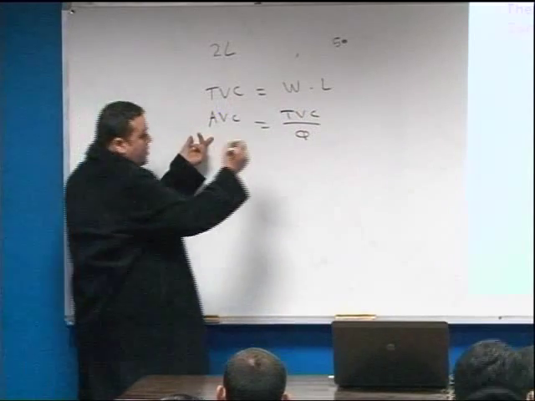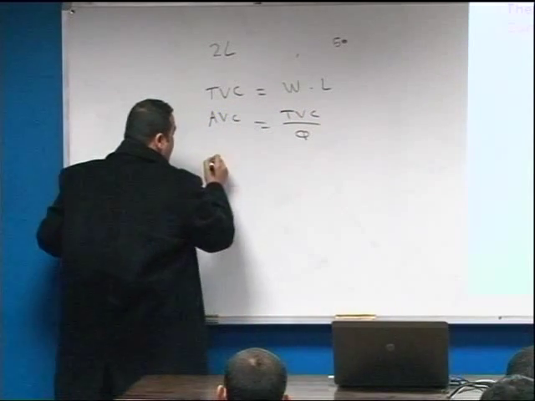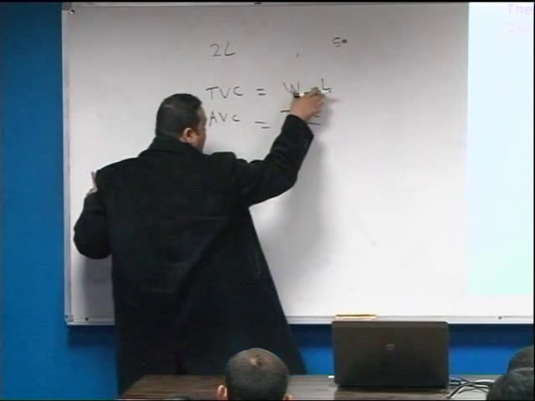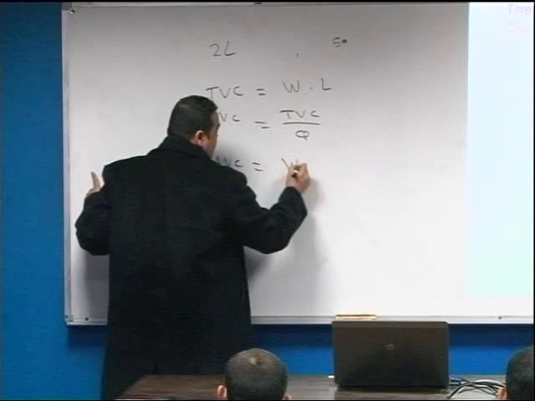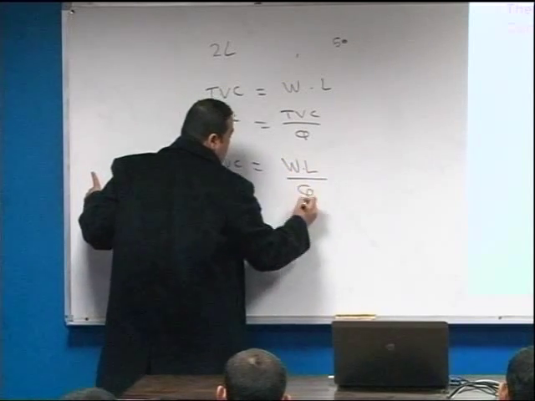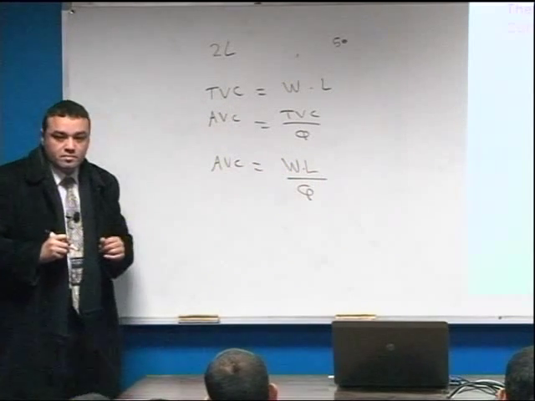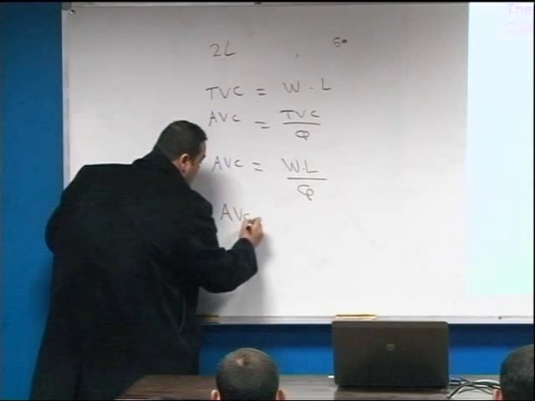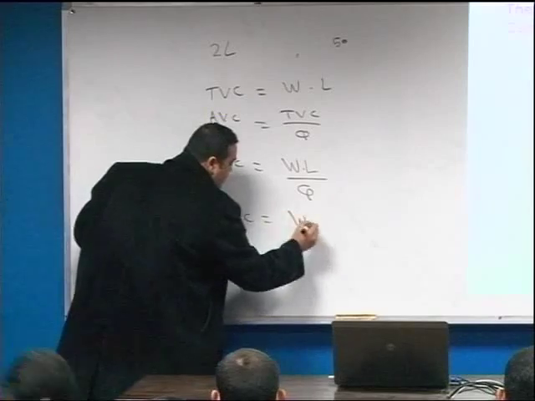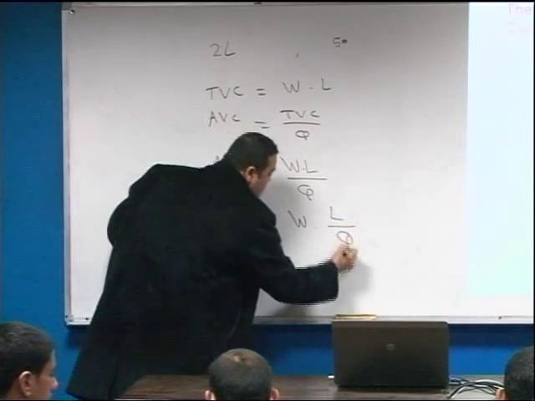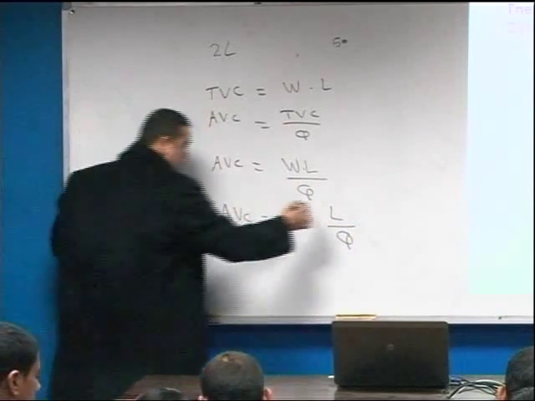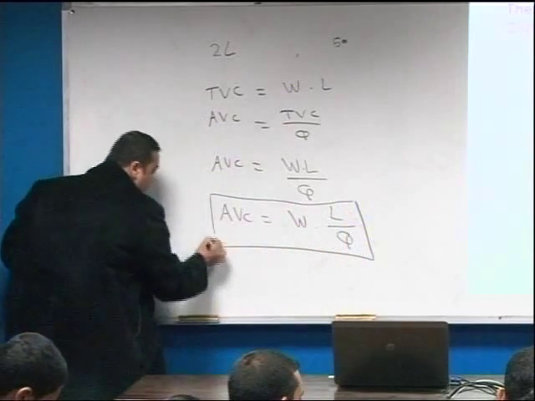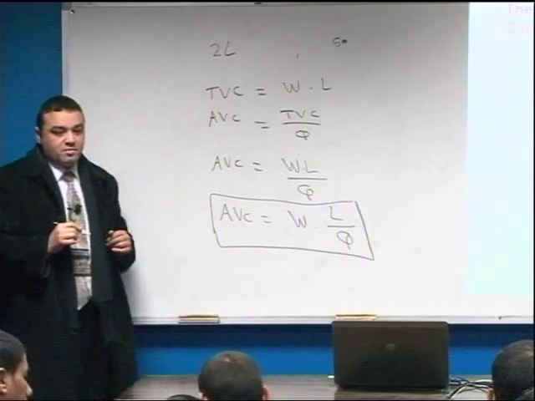So in this case, AVC equals W times L over Q, right? This is the first formula.